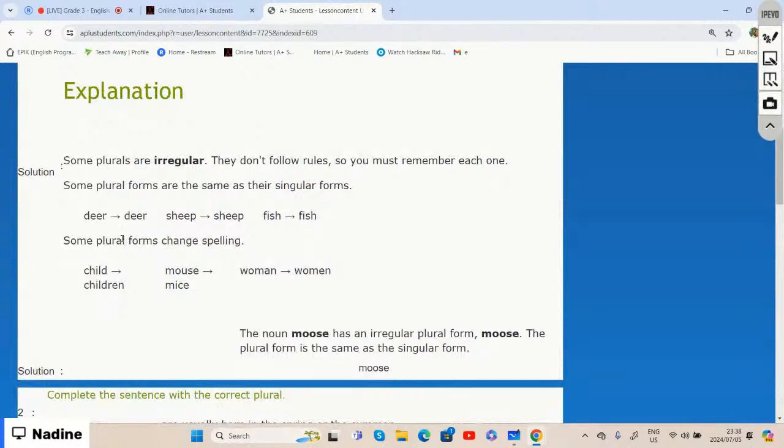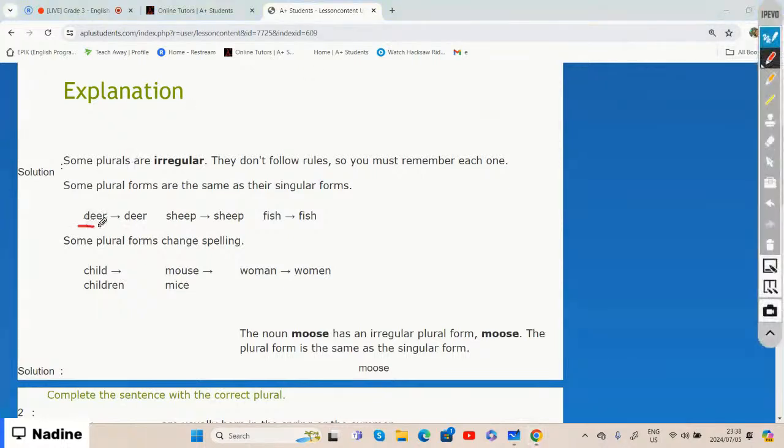Some of our plurals also form the same word as the singular form. Look at the word deer. Singular deer, referring to one deer, is the same as saying there's more than one deer. You don't say one deer, lots of deers.